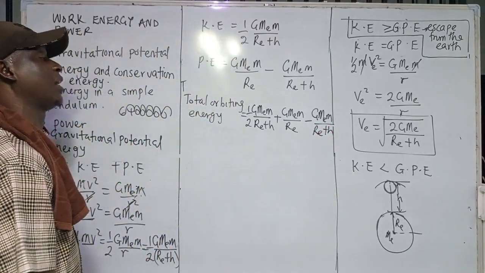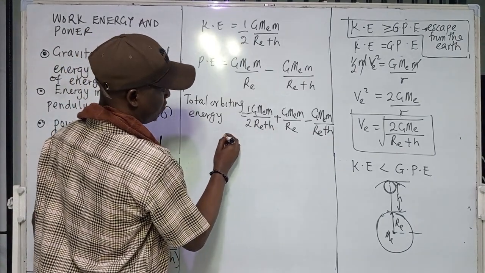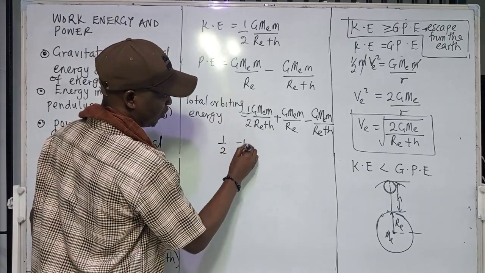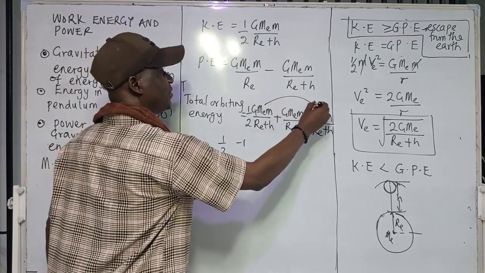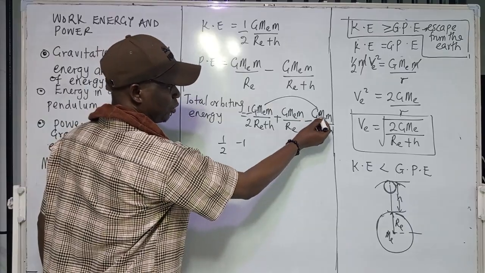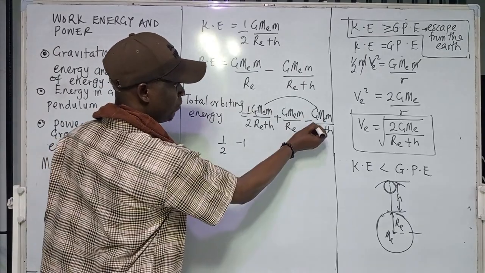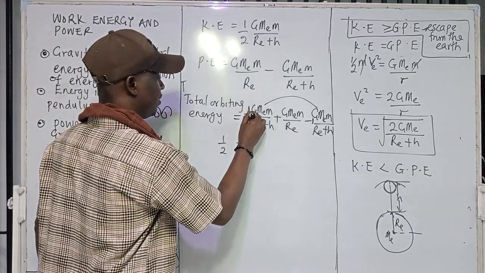Now, what will be the final answer? We add them together. This and this can be added, 1 over 2 minus 1, because they have the same term but different coefficients. This one has minus 1, this one has half.